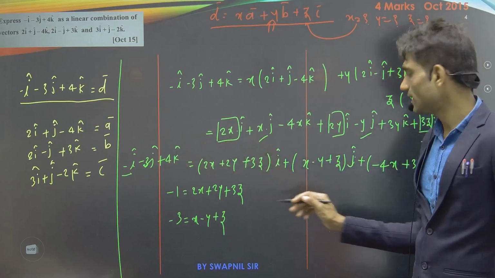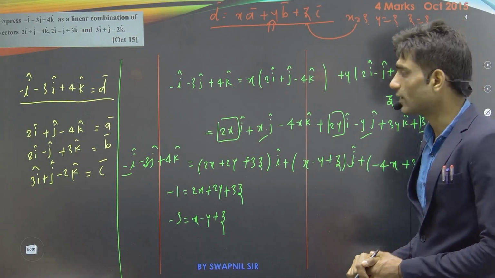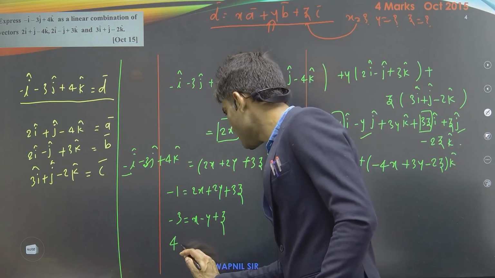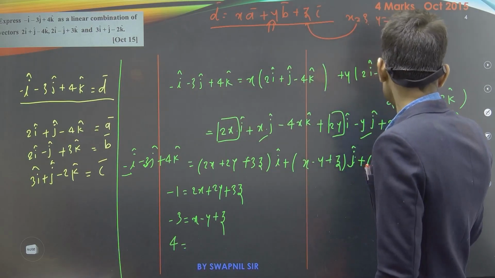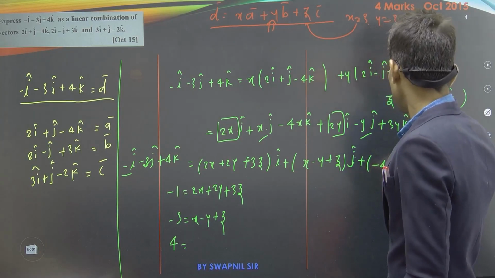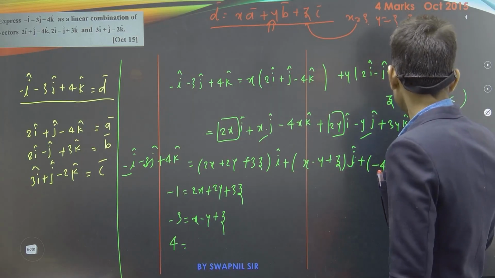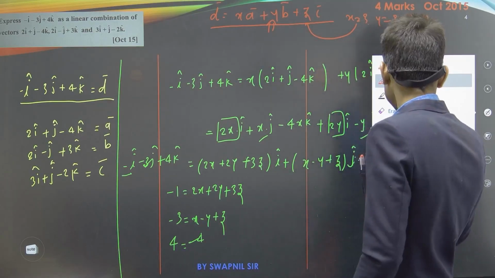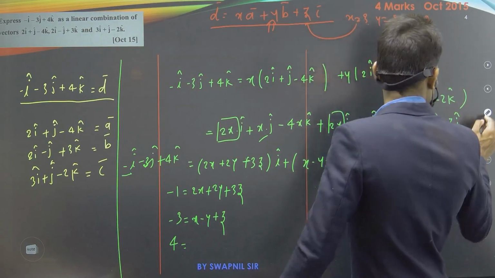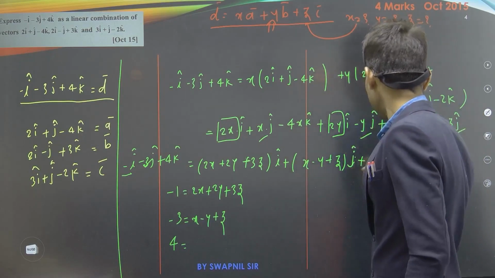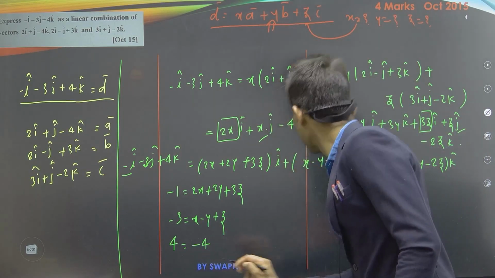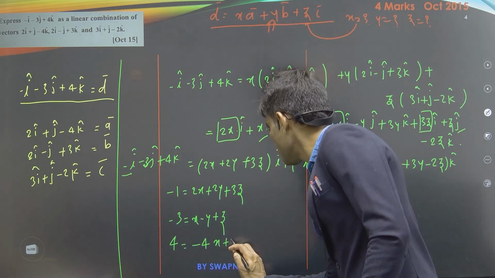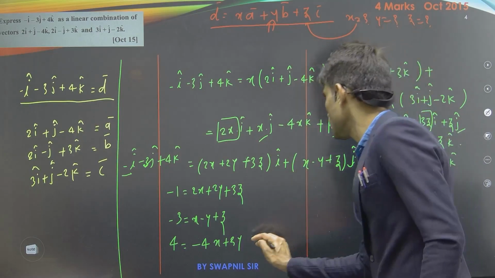And plus 4, we can write the third equation as plus 4 equals minus 4x plus 3y minus 2z.